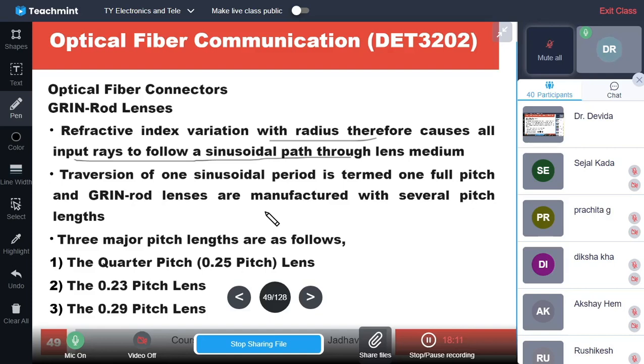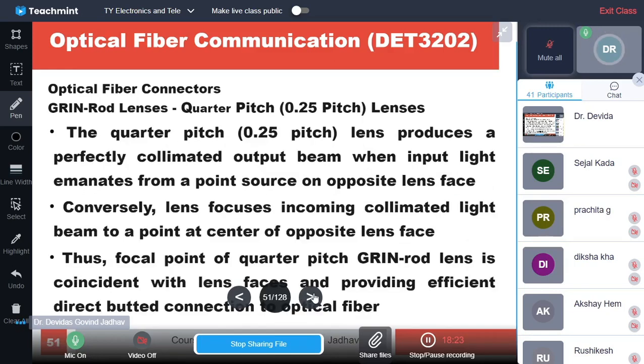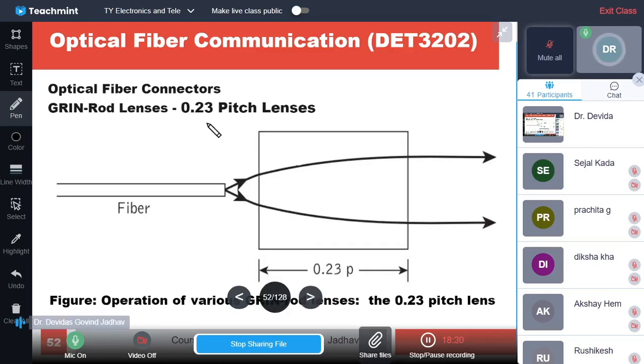Okay, and different pitches 0.25, 0.23, 0.29 can be obtained. So at 0.25, the focal points are exactly on the surface, so it may become difficult for adjustment. So it can collimate, it can refocus, but in 0.23 the focal point remains outside the lens, and it is easier to adjust the fiber at the focal point.